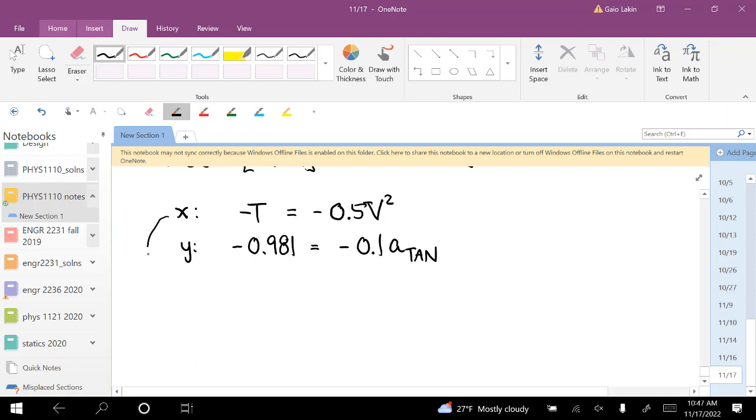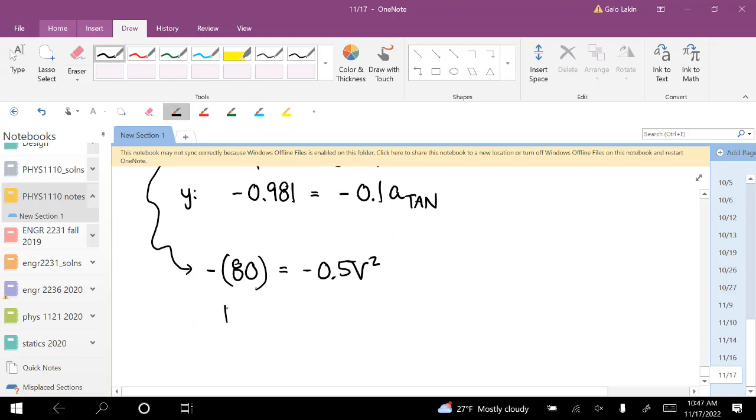Well, from the x equation, now I'm going to plug in that 80 that we know is the tension in the cable. So we have negative 80 is equal to negative 0.5 v squared. So 160 is equal to v squared.